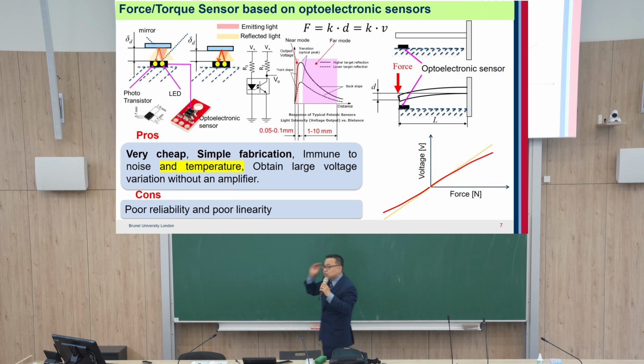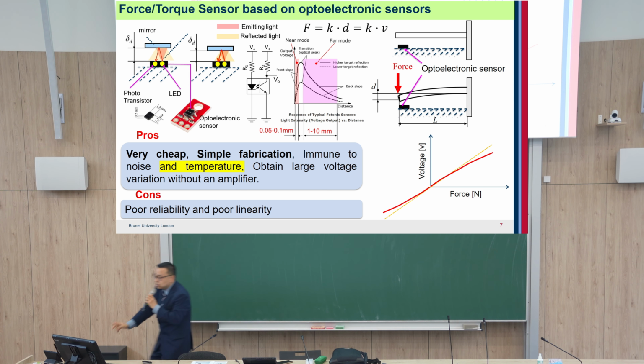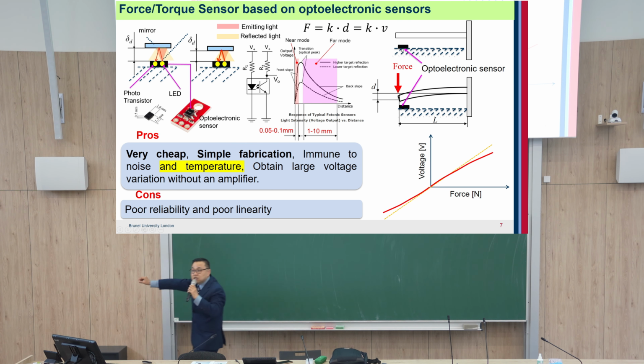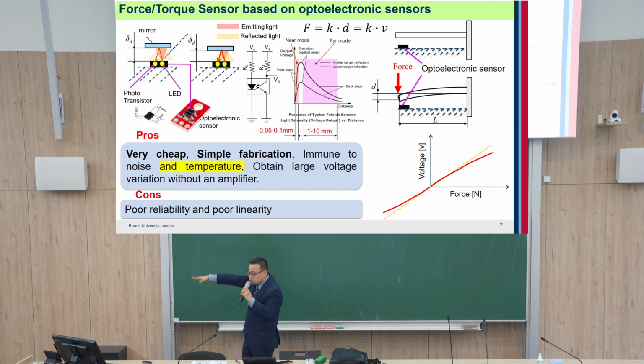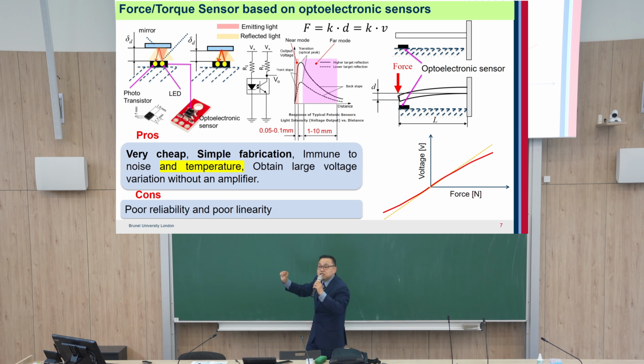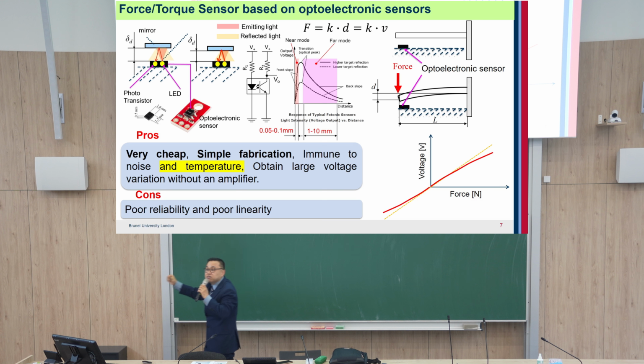You understand what I'm saying? Now we attach this optoelectronic sensor on the bottom, under the cantilever beam. So when external force is applied and the beam is deflected, this optoelectronic sensor can measure this tiny displacement, deflection.